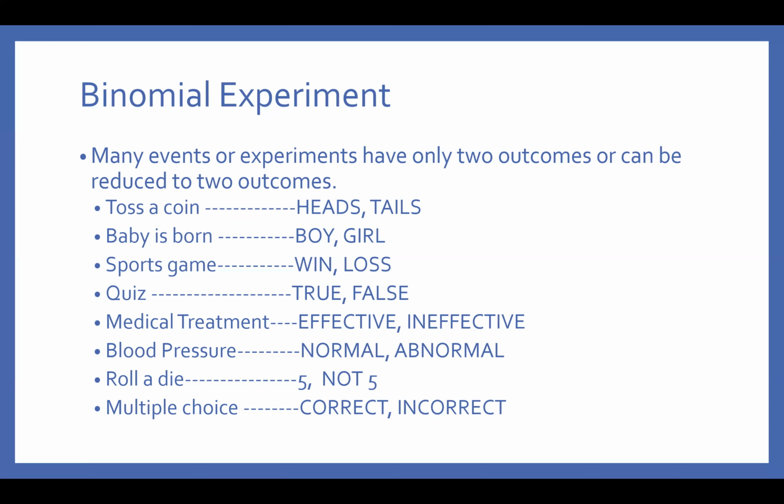So you can think about it as you get what you want, a success or a failure. So 5 and not 5. Even with a multiple choice question that has maybe 4 or 5 options, you can force it into correct and incorrect, right and wrong. So a binomial experiment has 2 outcomes, or we can force it to be 2 outcomes.